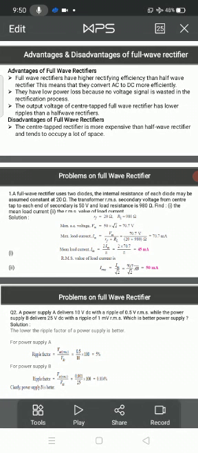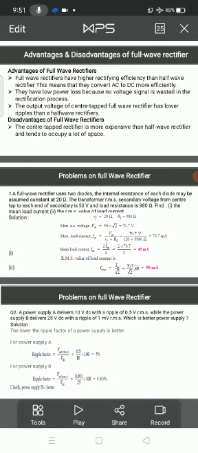And the second point, they have low power loss because no voltage signal is wasted in the rectification process when compared to the half wave rectifier.